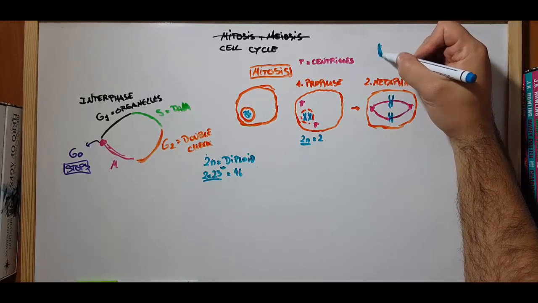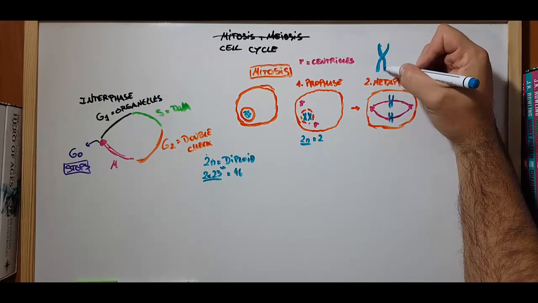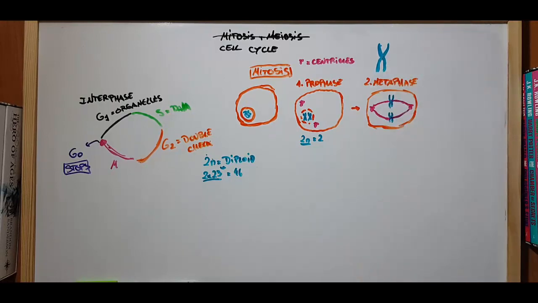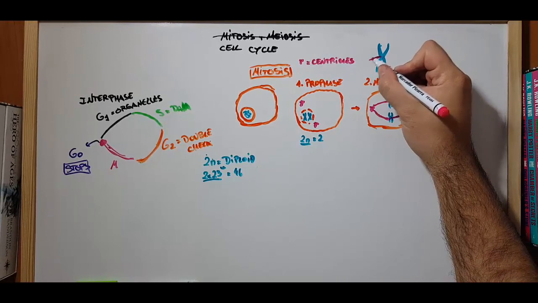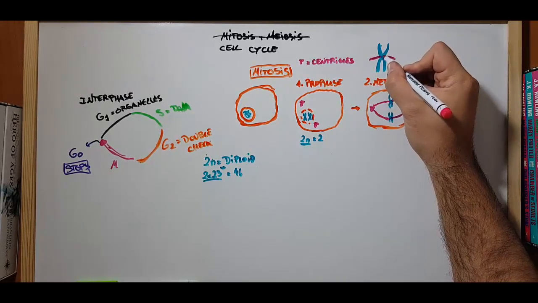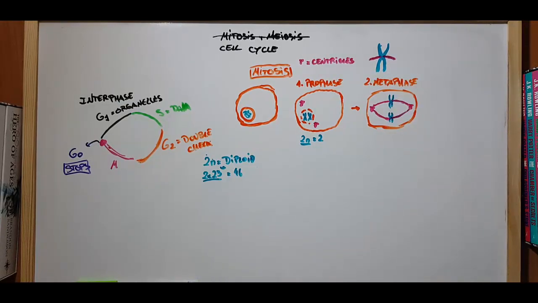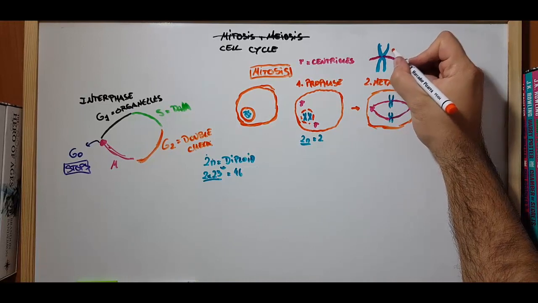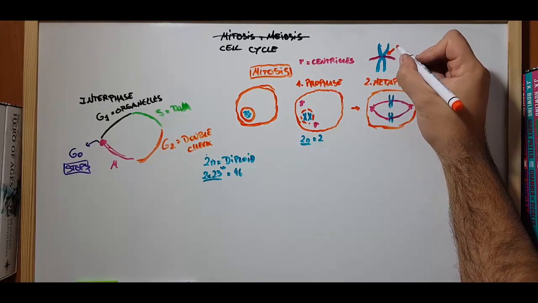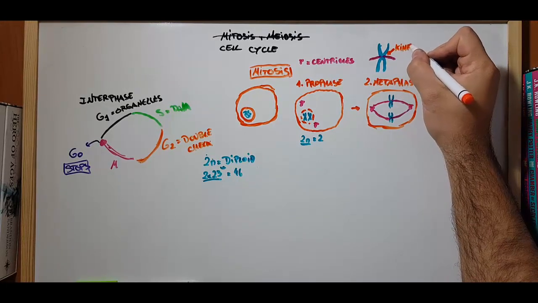So if this is a chromosome, then the microtubules are going to attach here, like this, and that structure in the middle is going to be called the kinetochore.